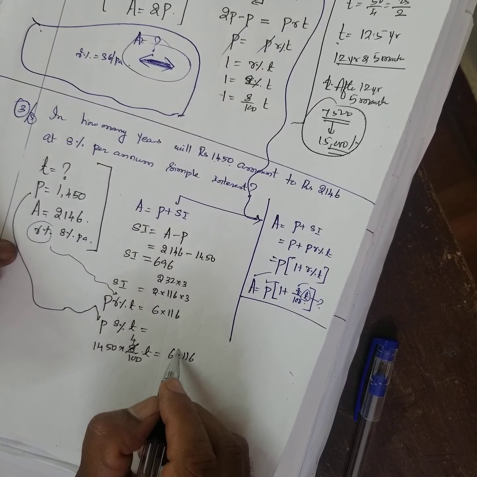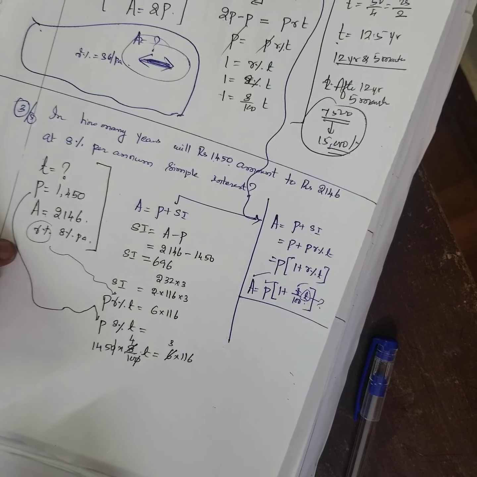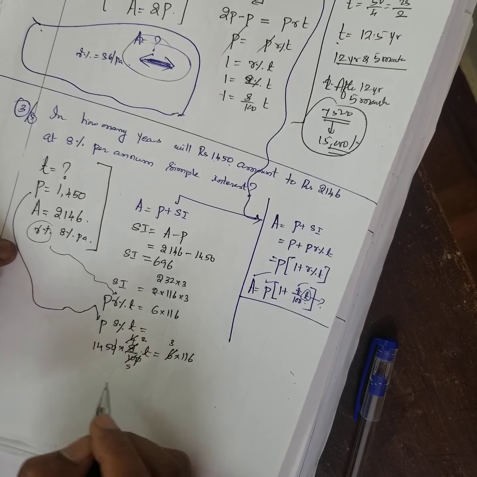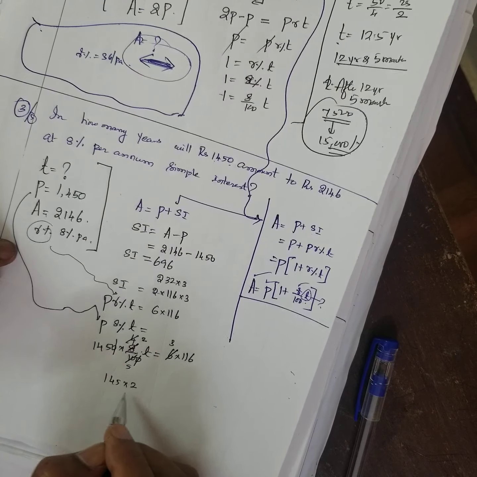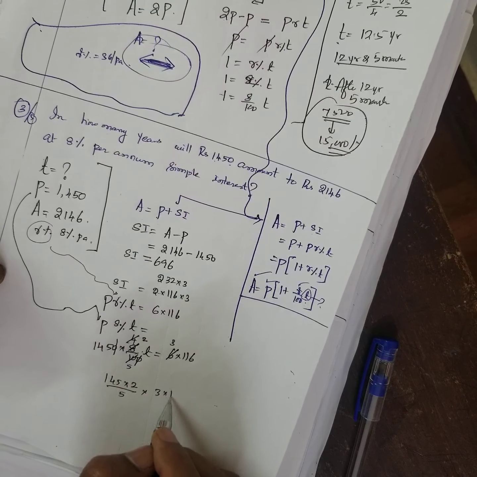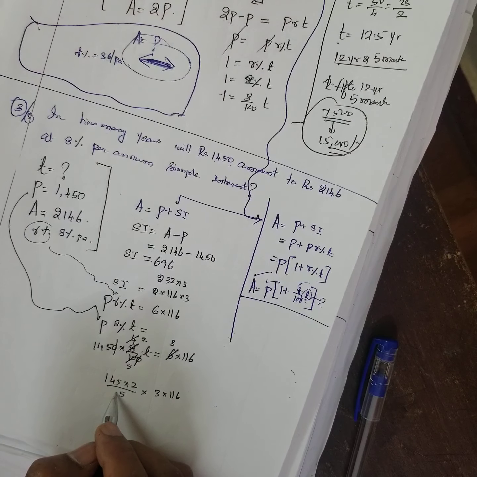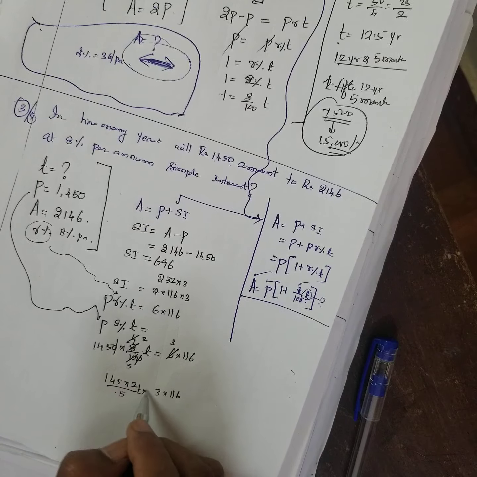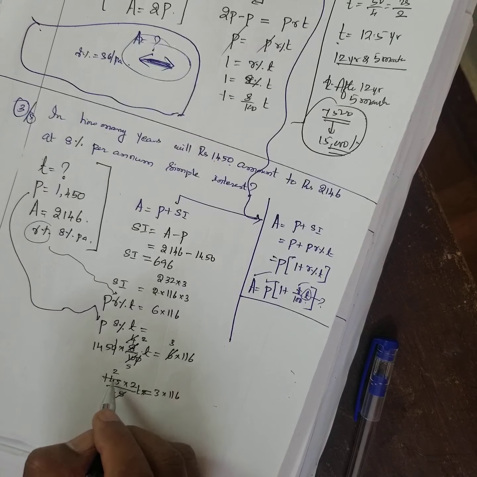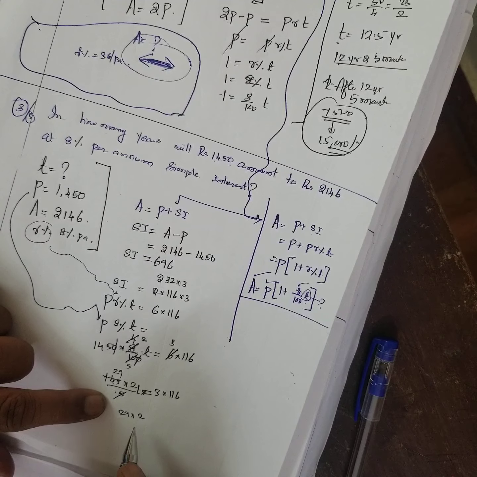Four times, 3 times. Here 10 goes. This is 2 times. This is 5 times. 145 into 2 by 5 into 3 into 116, into T. Therefore, this is how many times? 29 times. 29 into 2.